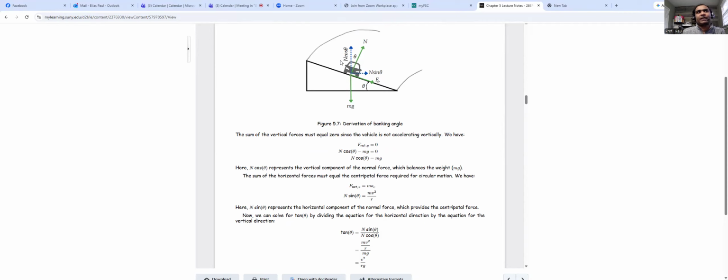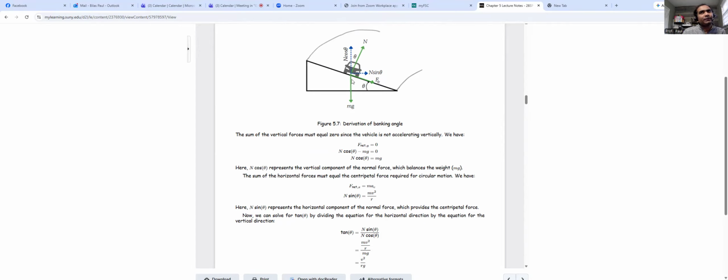Here you see a banked turn, and this is the cross-sectional view. Gravity acts downward and the normal force is perpendicular to this ramp. You break this normal force into two components: n cosine theta and n sine theta.